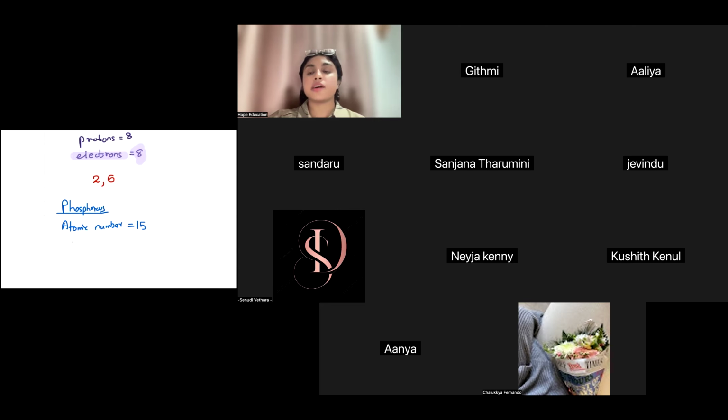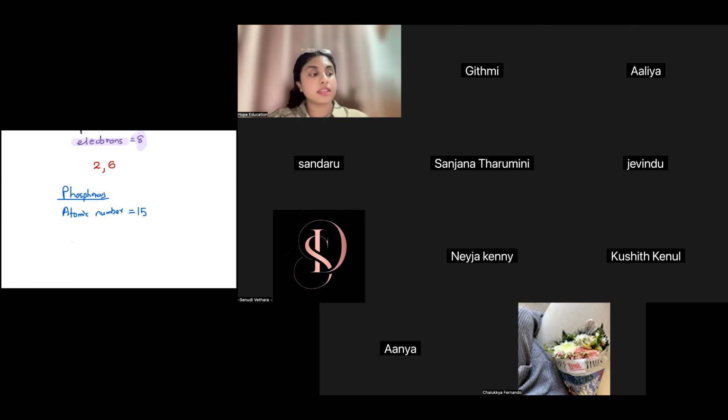Okay, just work out the electronic configuration. But chat box එකේ දාන්න answers. Unmute කරන්න නැතුව chat box එකේ දාන්න. එතකොට අපිට හැමෝගේම answers බලන්න පුළුවන්. Let me know the electronic configuration.